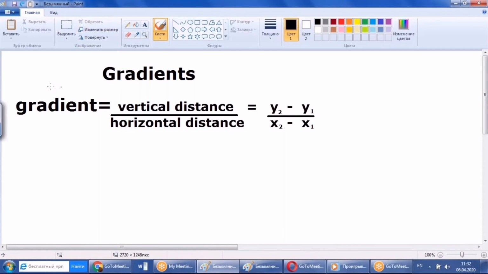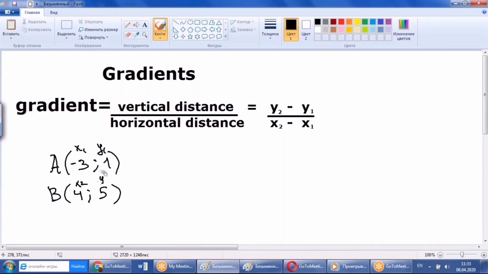Now, for example, I want to find the gradient of a line that passes through the points A, -3 and 1, and B, 4 and 5. We suppose that -3 is x1, 1 is y1, 4 is x2, and 5 is y2.